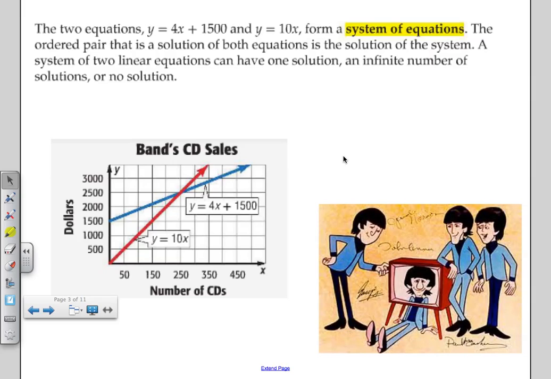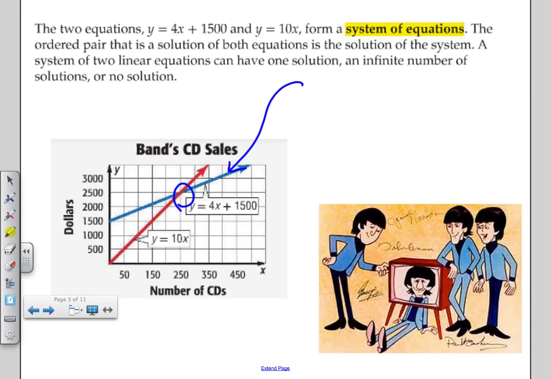A system of two linear equations can have one solution, it can have an infinite number of solutions, or it can have no solution. So we will look at how those graph differently. If it has one solution, as in our band CD sales, that would be one solution.